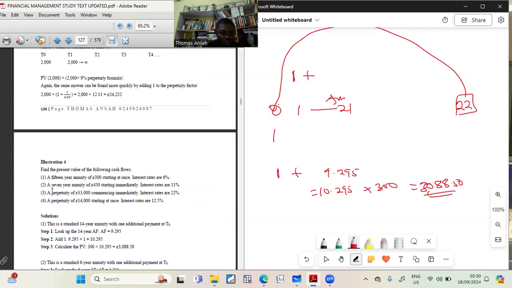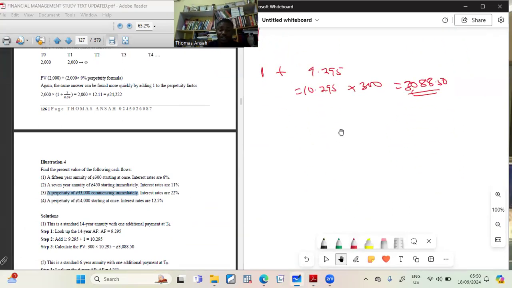Okay. Then we have a perpetuity for 3,000 commencing also immediately. How do you do that? Don't forget, it's perpetuity. So the first one will be represented by 1. The others will be represented by 1 over R. Don't forget that. So if this one is at 1.00, when you do plus, what is the rate? 0.22. What will you get?